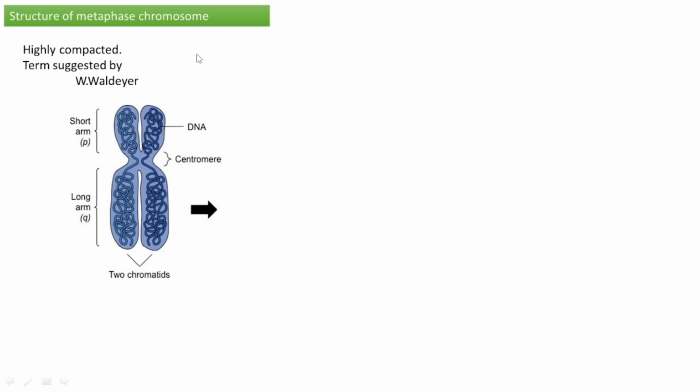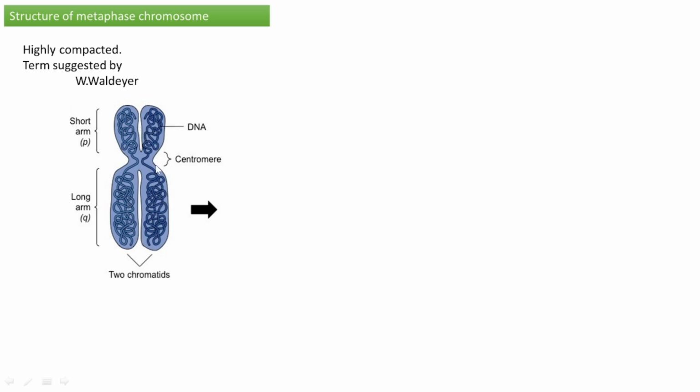M phase can be mitosis or meiosis. Now we are going to understand more about a chromosome that has completed its condensation, that is the metaphase chromosome, highly compacted. The term chromosome was suggested by W. Walter. Let's have a look at that metaphase chromosome.